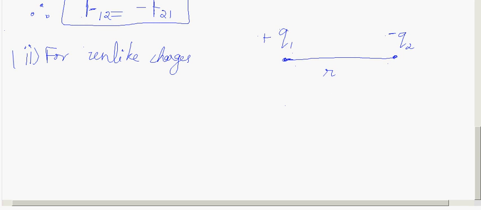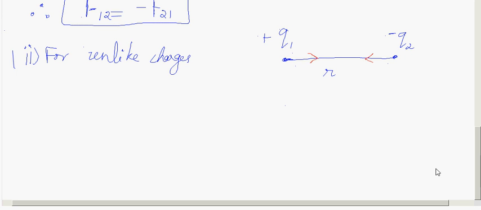Now force on 1 due to Q2 will be acting like this, and force on 2 due to Q1 will be acting in this direction because it is attractive force.